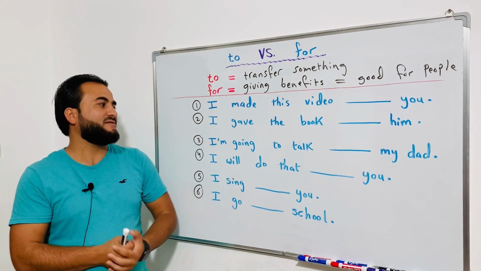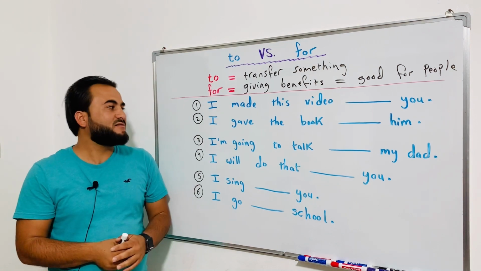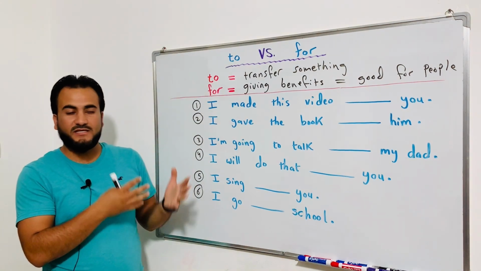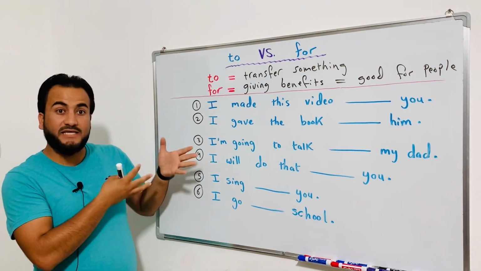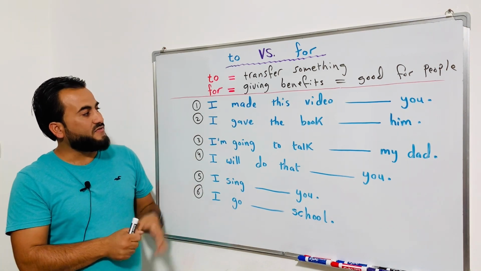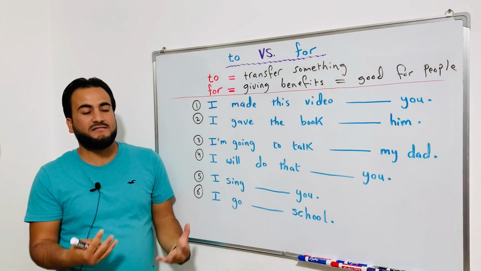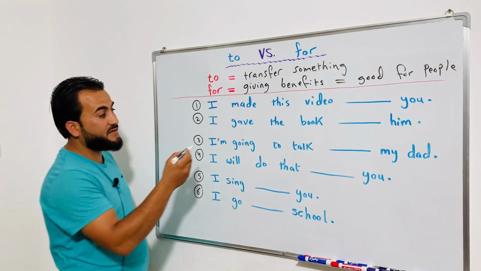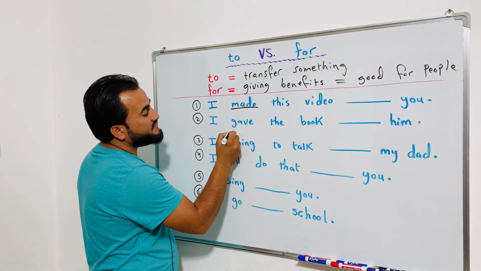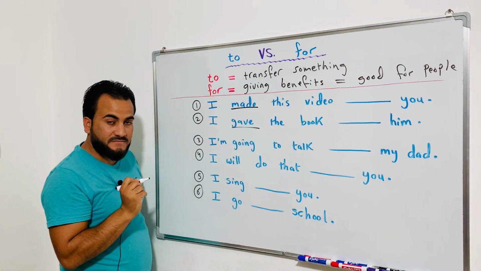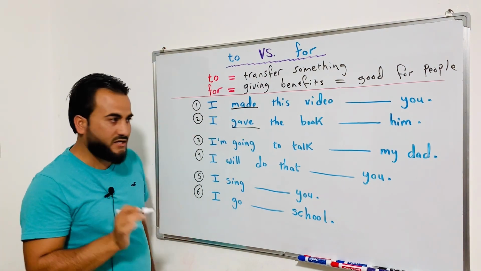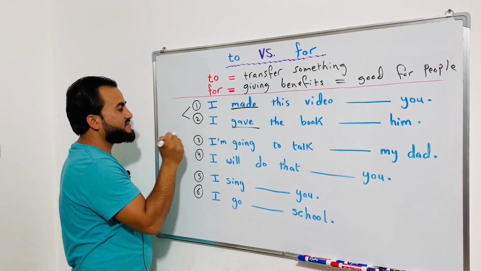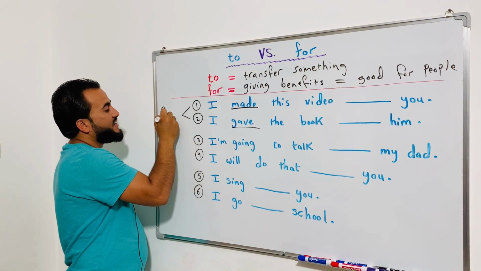Okay, let's see. The first example, the first sentence and the second sentence, of course, they are in the past. إذا الجملتين الأولى والثانية استخدمنا زمن الماضي. Made, gave. I made and I gave. Okay, so these two sentences are in the past.